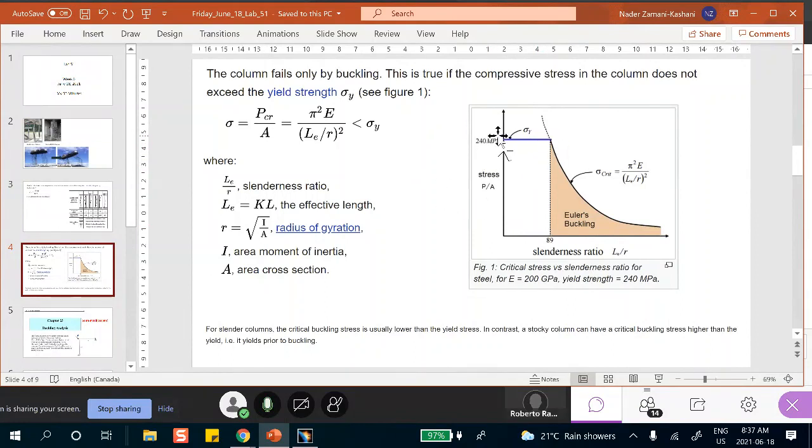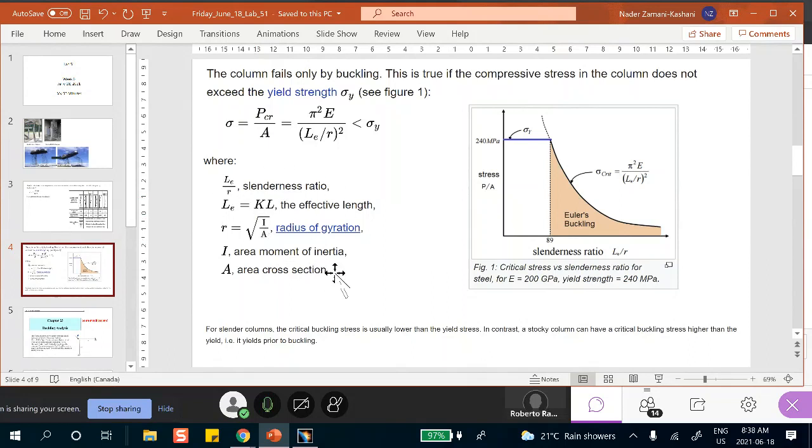It's called the yield strength. So this Euler buckling formula is valid only in this range of length. It's actually called the slenderness ratio. It's not quite L, it's the ratio of L over something. So it's right there.